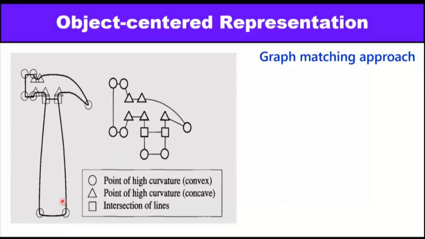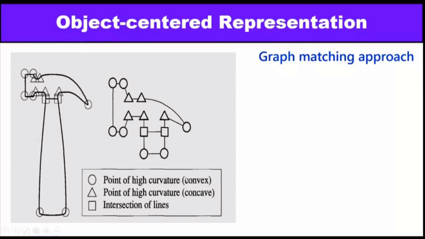A hammer has a handle and a head, and the head has various types of curvatures, like convex curvature or concave curvature. So we are finding shape. Then there are line segments, and they are also intersecting each other. So I can find various types of conditions for matching.